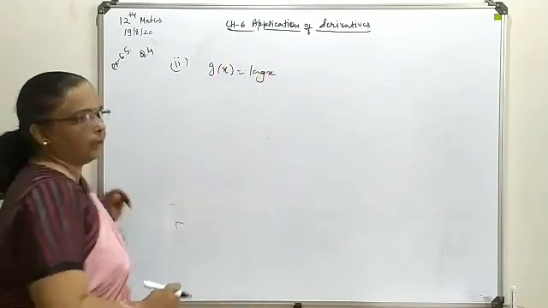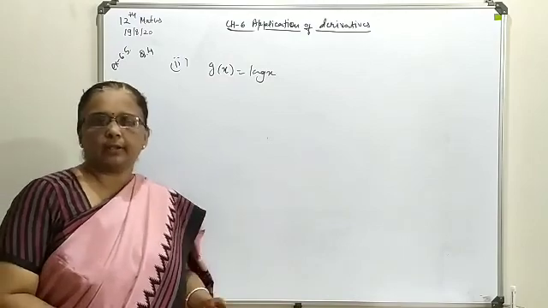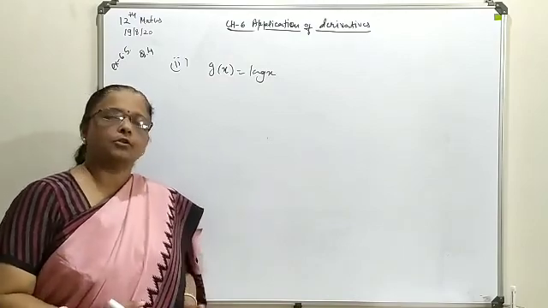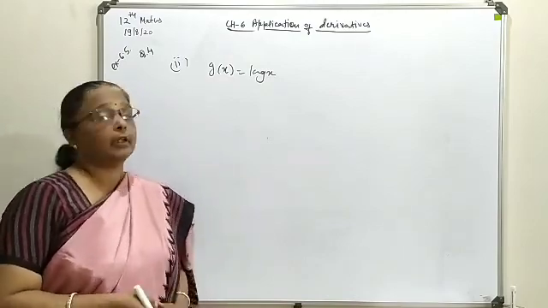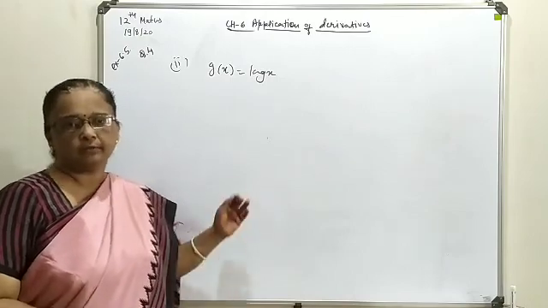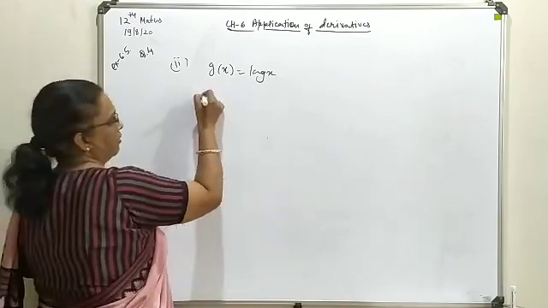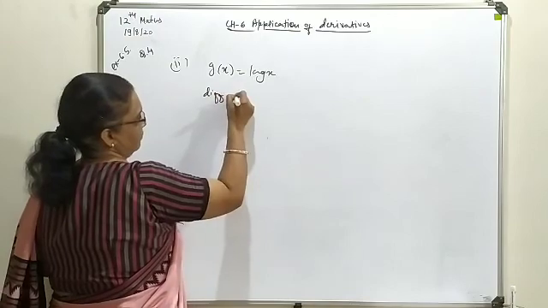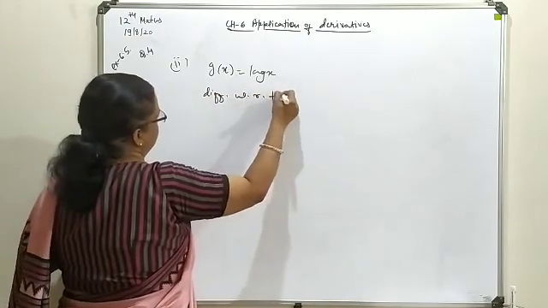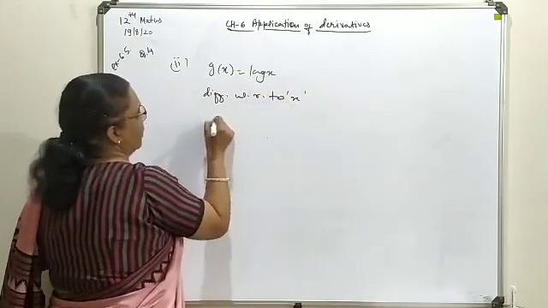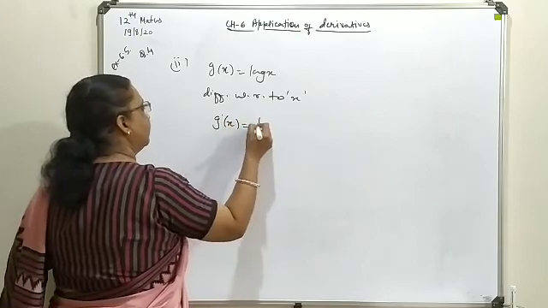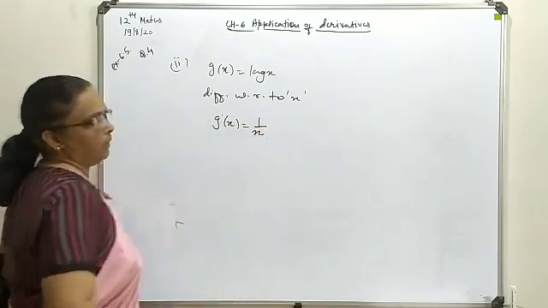Here log has base e, so direct differentiation is possible. So your basic method will remain the same. Proceed with the first derivative. So differentiate with respect to x. g dash x will give you 1 upon x.